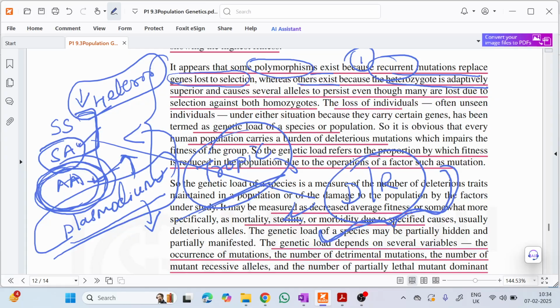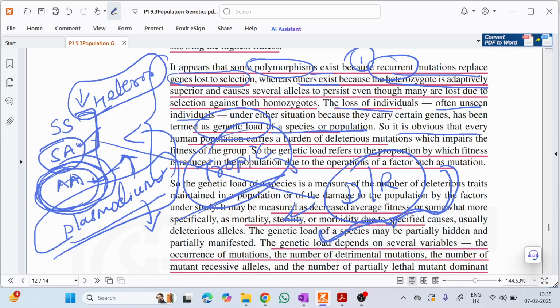Then the loss of individuals is often unseen when we compare the individual against the whole population. Most of the individuals that are lost are unseen. The loss of those unseen individuals is termed the genetic load of a species or a population.